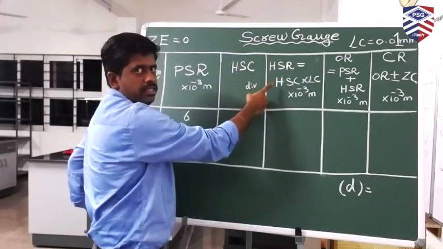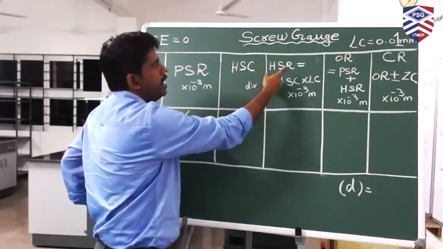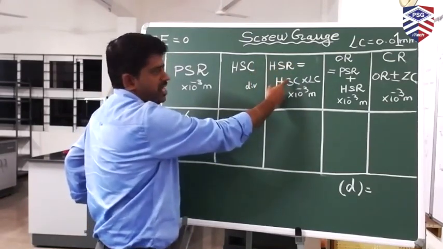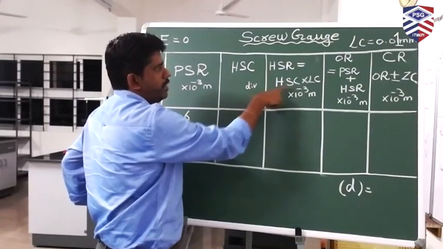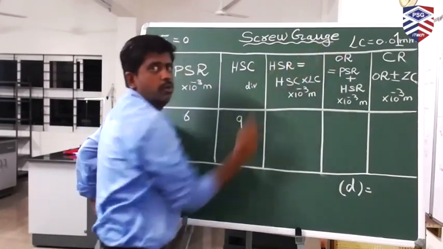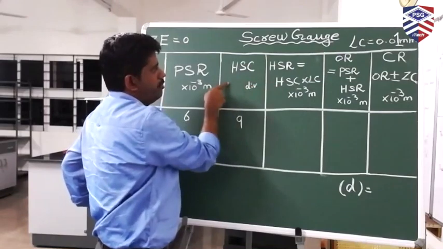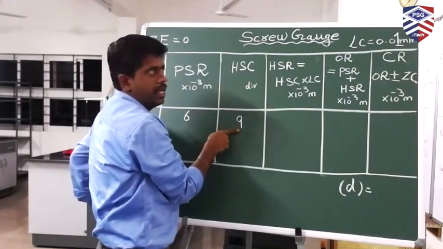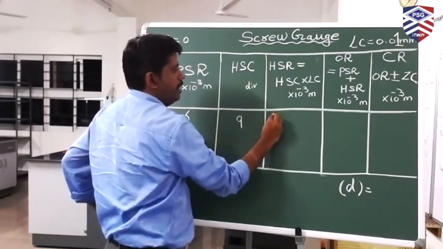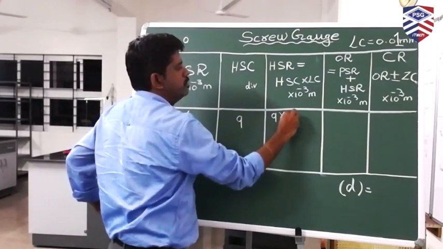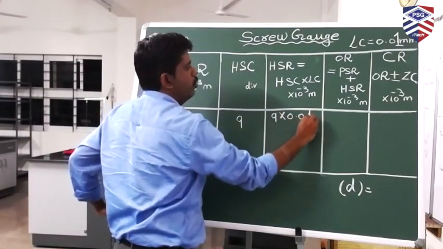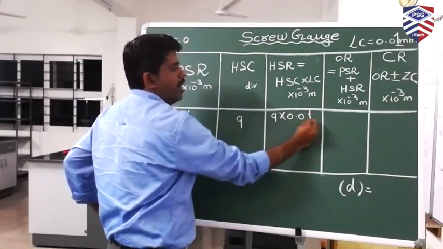HSR represents the head scale reading, which is nothing but the product of the least count with the head scale division, that is 9. We will multiply 9 into 0.01, which you don't have to mention here.